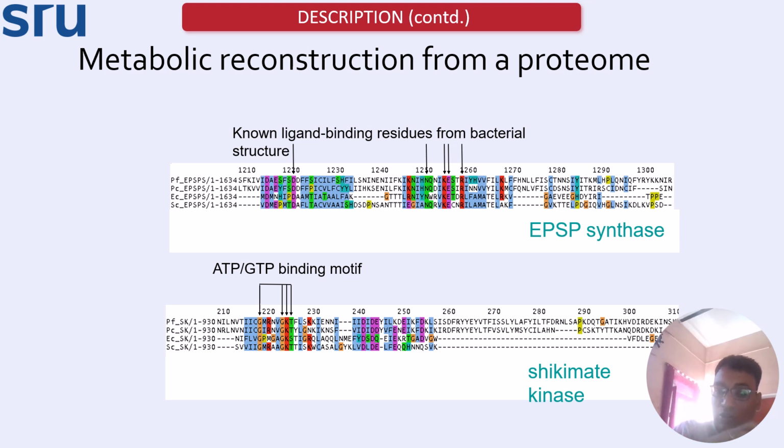Whatever reaction network is working here, exactly the same reaction mapping can be worked out for the other sequence also, because the motifs are exactly matching. We know that this enzyme is also going to be EPSP synthase or shikimate kinase.